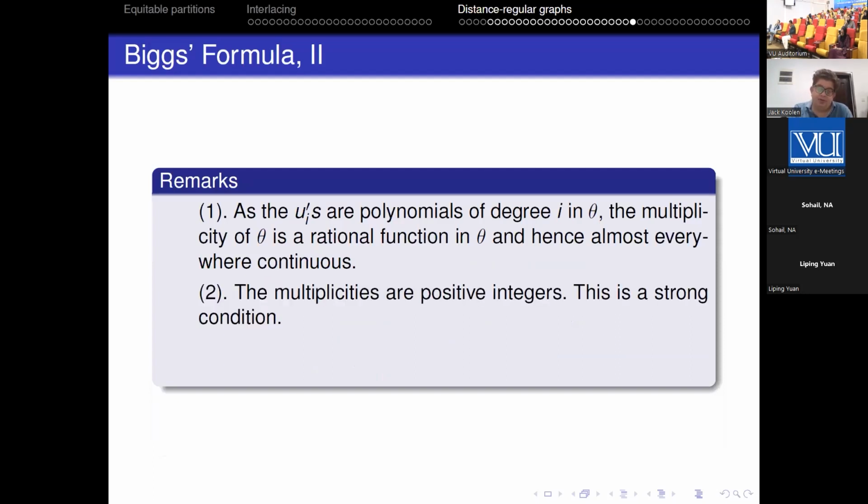So here are some remarks about Biggs' formula. The multiplicity of θ is a rational function of θ, and hence is almost everywhere continuous. This was important in the proof for the bilinear forms conjecture. The multiplicities are positive integers. This is a strong condition, as I already said.